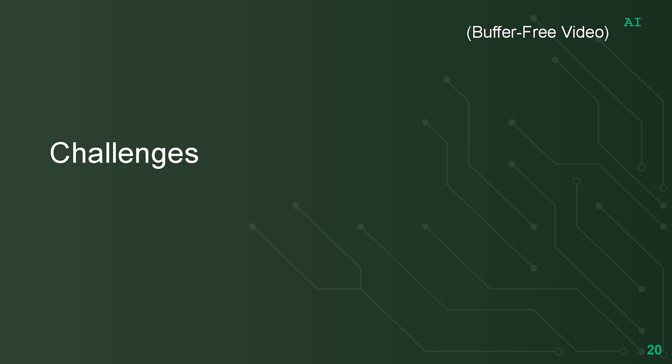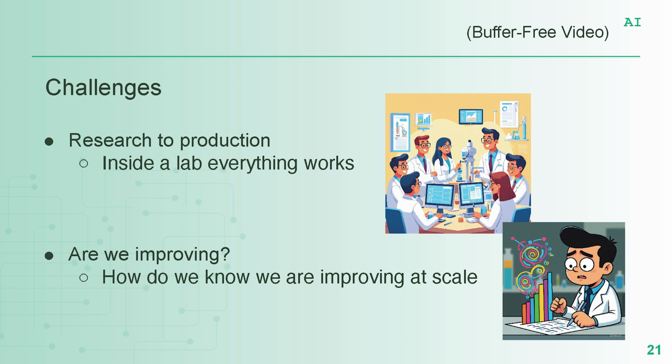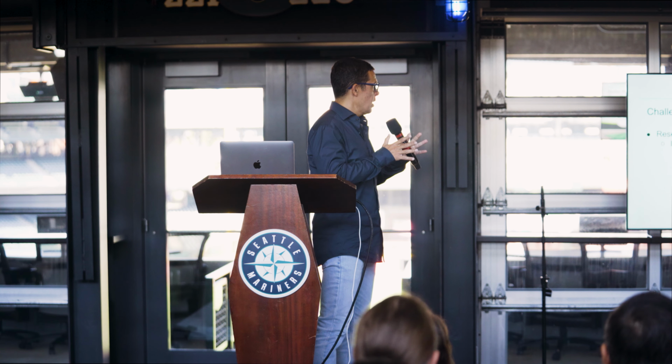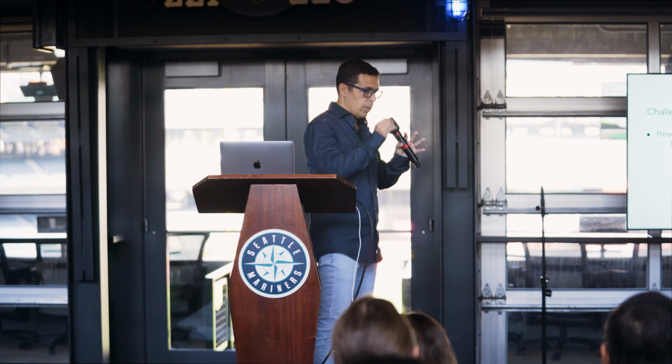Challenges: there are a lot of them, but I wanted to focus on two. The first one is research to production. Again, Moviegen is an awesome model. It's an incredible model that you send a video and a prompt and it produces a video. But inside the lab, everything works. You have your pristine content, a relatively small set of test videos, and you can fine-tune the model to work with that.